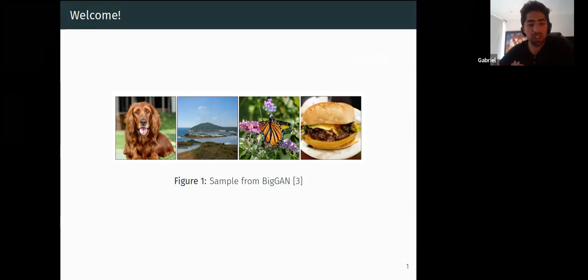You see these images from left to right: a dog, a landscape, a butterfly, and a burger. I think it would fool me even if I were told, but I can tell you that all of these are fake images. None of these images are actually real. They are generated by a neural network, and in fact, they are generated by the same neural network.